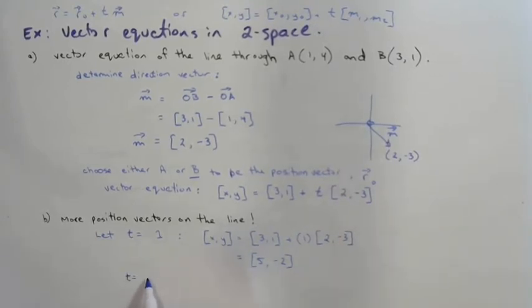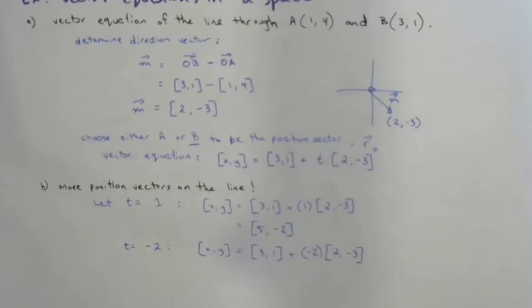Let t equal, I'm just going to do 2 of them. Let t equal negative 2, then we'll have x, y is equal to 3, 1 plus negative 2 times our direction vector 2, negative 3.